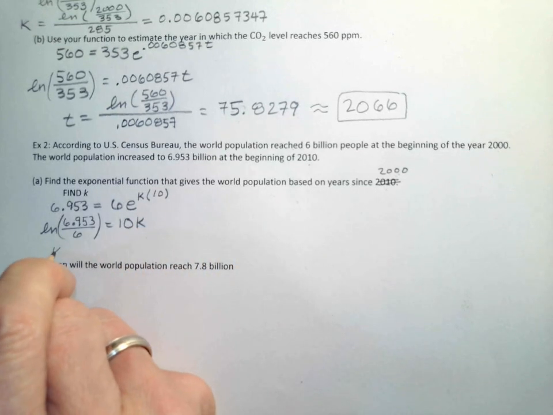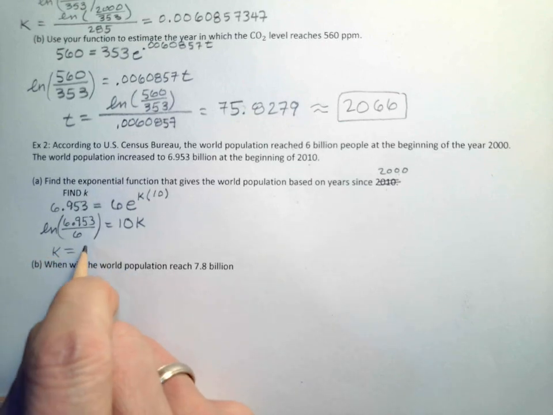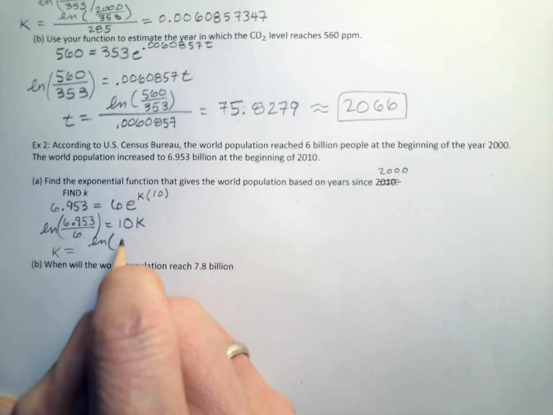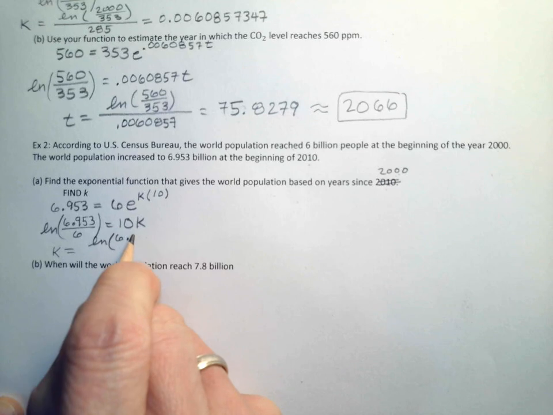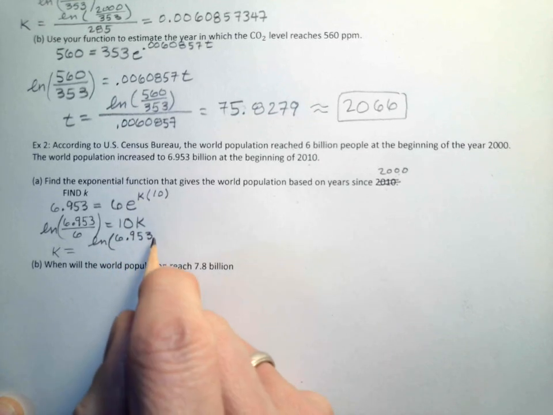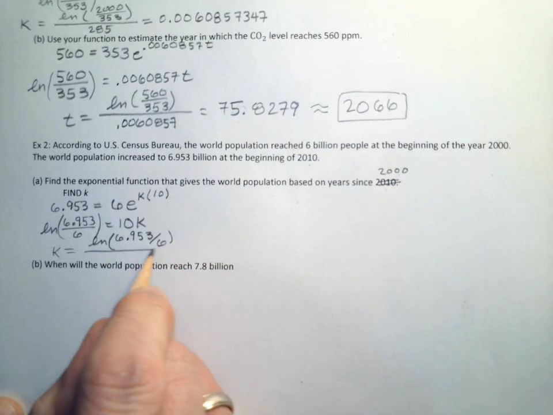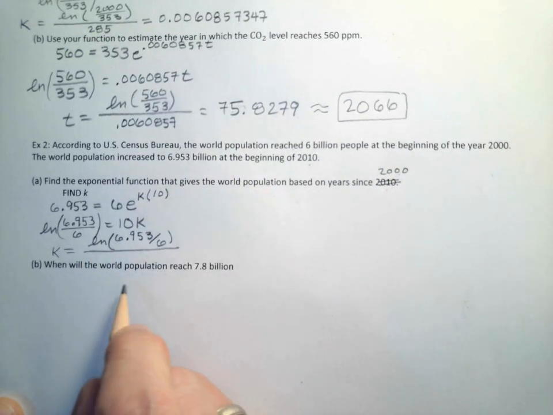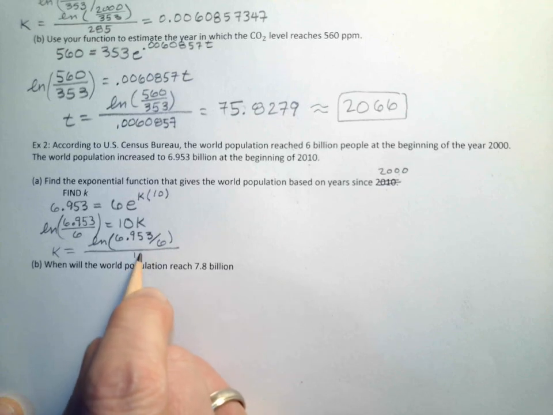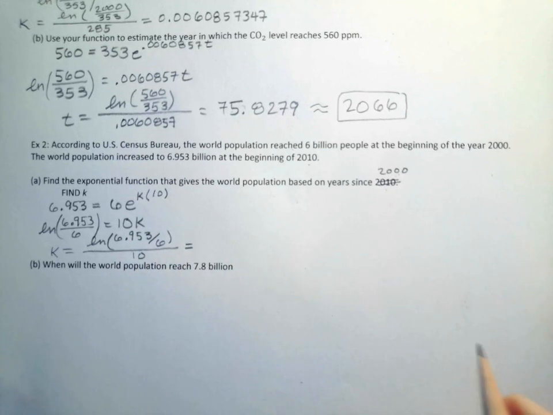All right, so k is going to be equal to the natural log of 6.953 divided by 6. Sorry, I shouldn't really write my fractions like that, but I don't have the space. And then divide all that by 10. All right, so that gives us a k value.